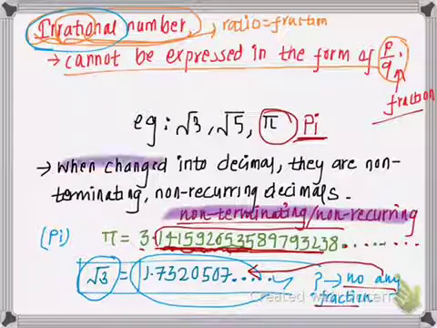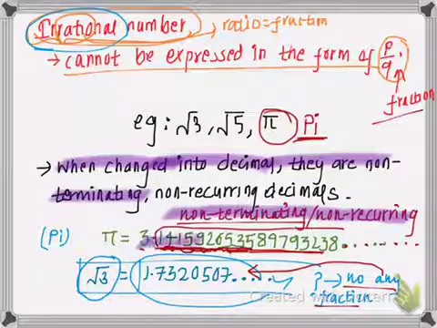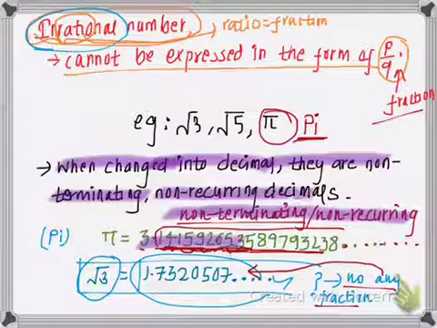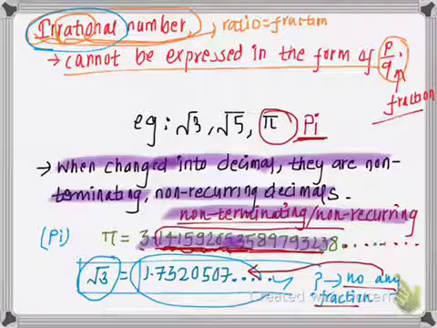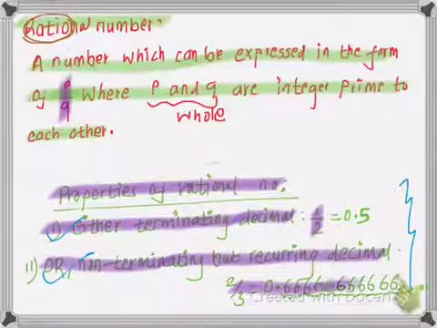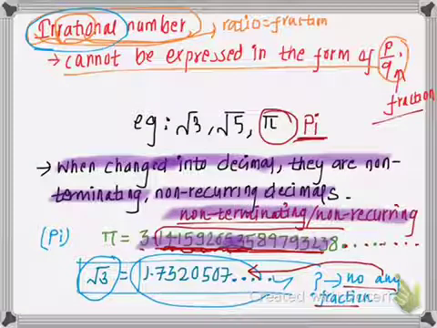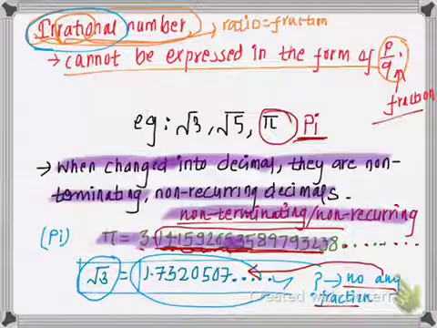I've written here, when the irrational numbers are changed into decimal, they are non-terminating, as we've already seen here, and non-recurring. The pattern doesn't repeat, like we've seen in the rational number. For 2 by 3, the pattern has repeated after a certain interval, but for pi, this doesn't hold true.